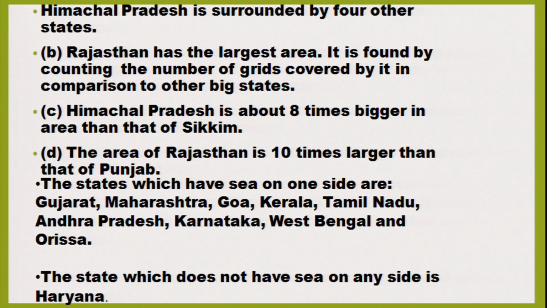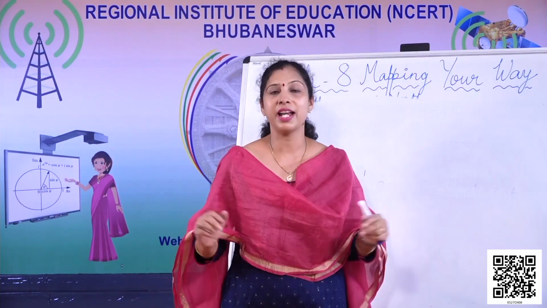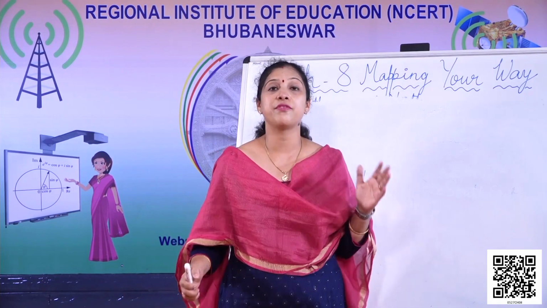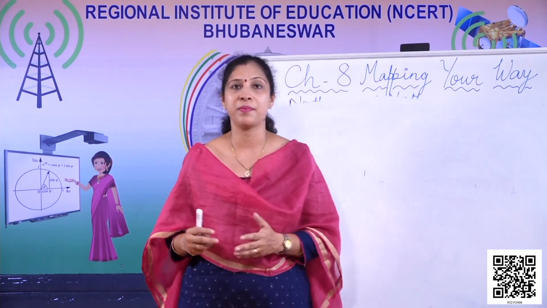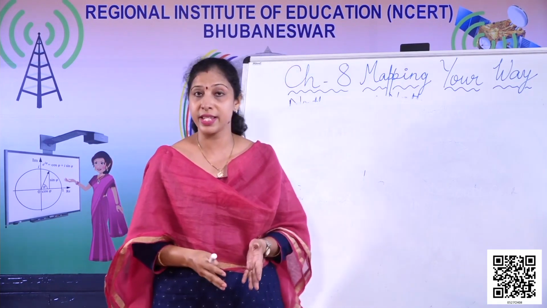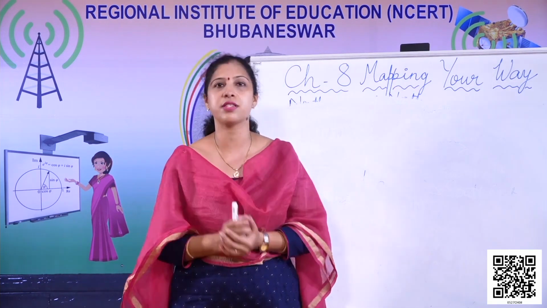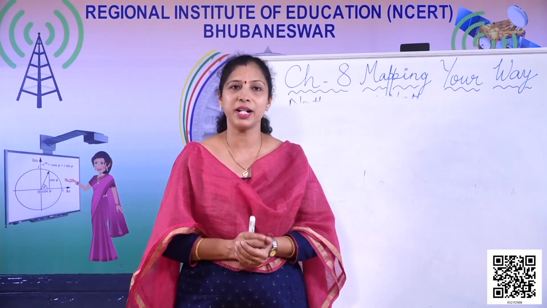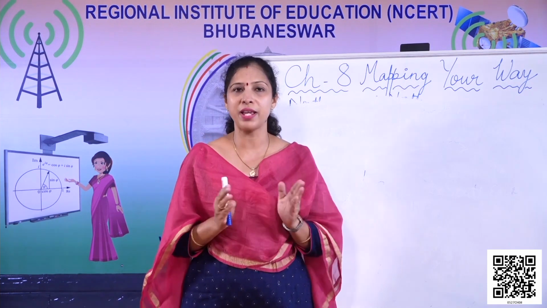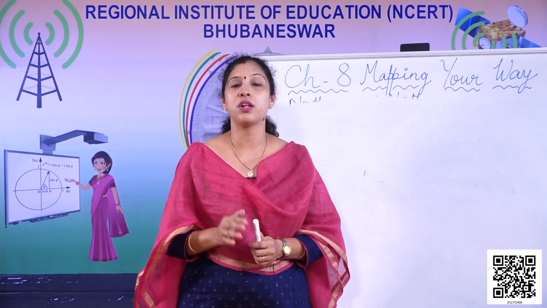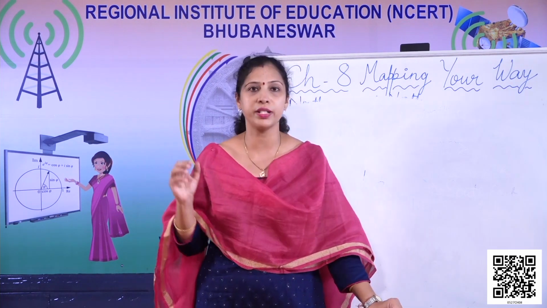Now let's go to the next slide. As I had told you, colors are very important in a map to show which is sea, which is mountain. So these are some of the basic colors. There are other colors which are also used in maps, but I will take only these 5 basic colors. Blue is always used to show water bodies.